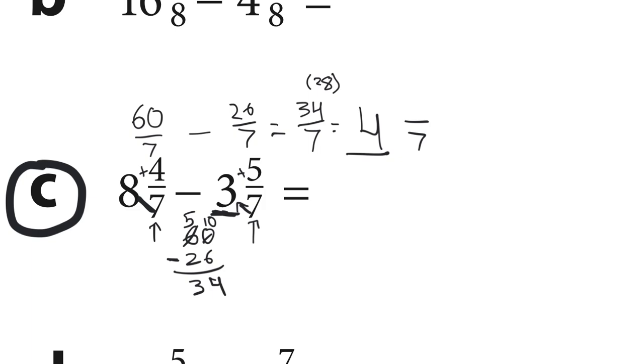There we go. If 7 times 4 is 28, how many is left over to make 34? Well, the answer is 6. So 4 6/7 is my mixed number if I'm going to change this improper fraction into its mixed number form.